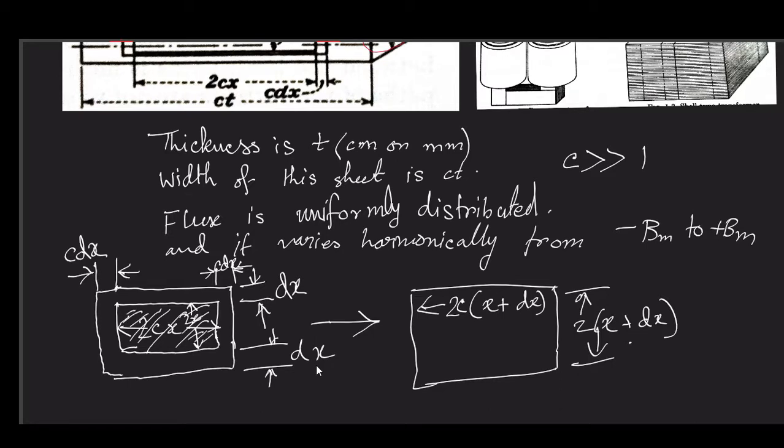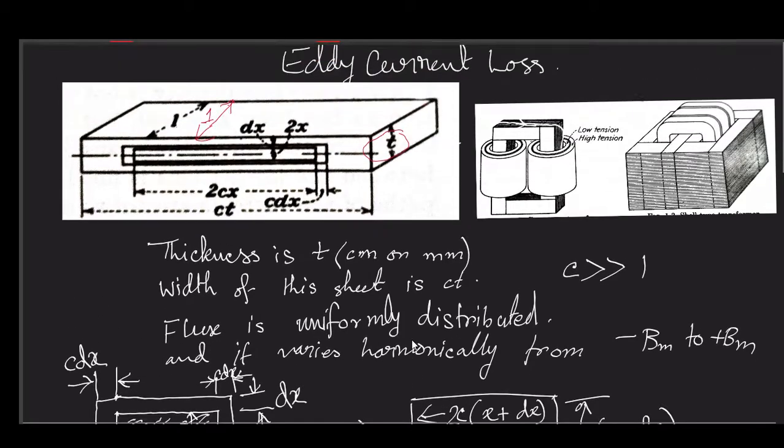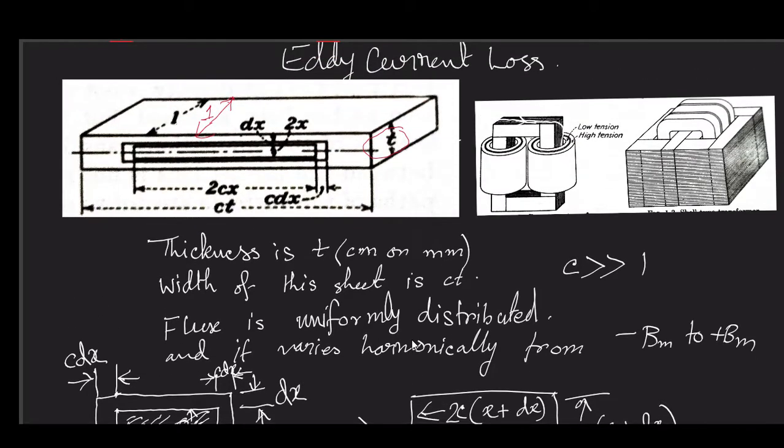Here the flow of flux is taking place, and you should not have a problem understanding this. We have taken one section, one portion of this. Flux will flow through all this laminated sheet, right?